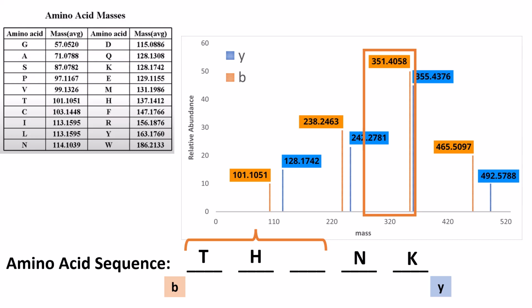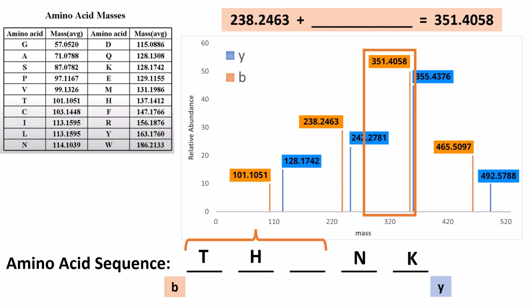Therefore, the sum of the mass of these amino acids and the unknown amino acid must equal 351.4058. By subtracting, we can determine that the mass of the unknown amino acid is 113.1595. Looking at the amino acid mass chart, there are two amino acids with this mass, leucine or isoleucine. A more complicated analysis would need to be completed to determine which is present. For now, we will just say both, since we can't distinguish between the two amino acids.